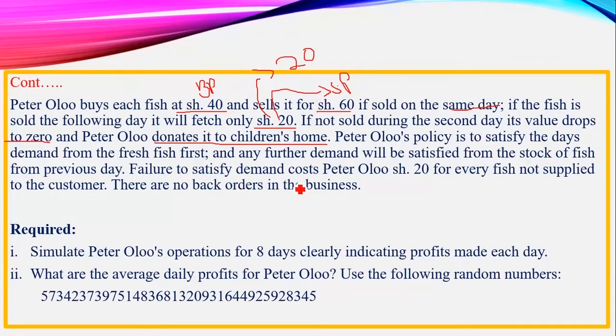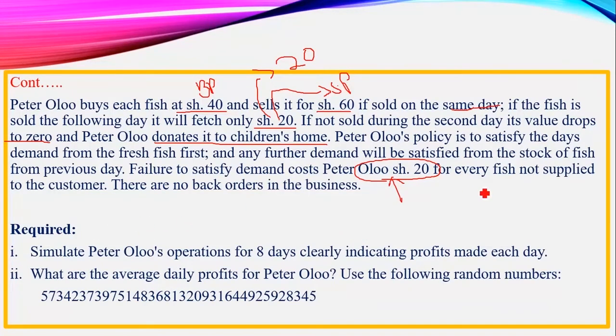Then failure to satisfy demand will cost him 20 shillings for every fish that is not supplied. This is a penalty for not satisfying the demand. It is like saying if the demand exceeds the supply at one given point, it is going to cost him 20 shillings per fish for not meeting the demand required.